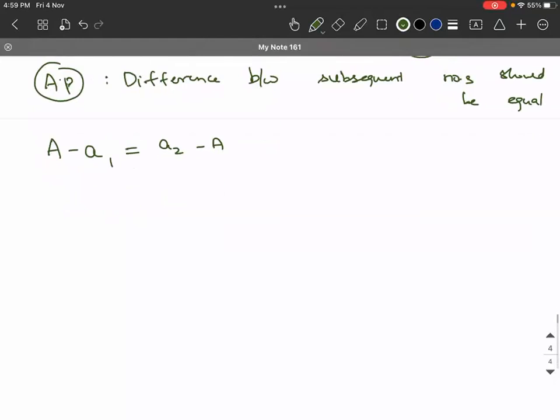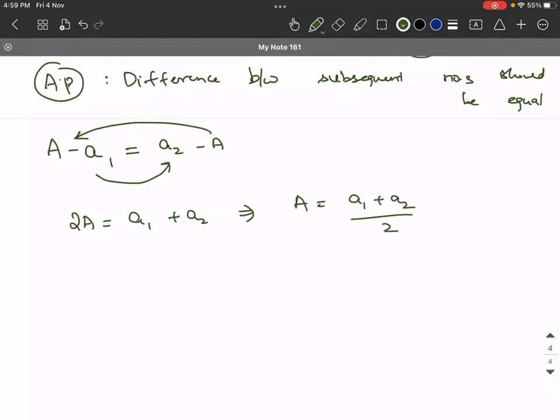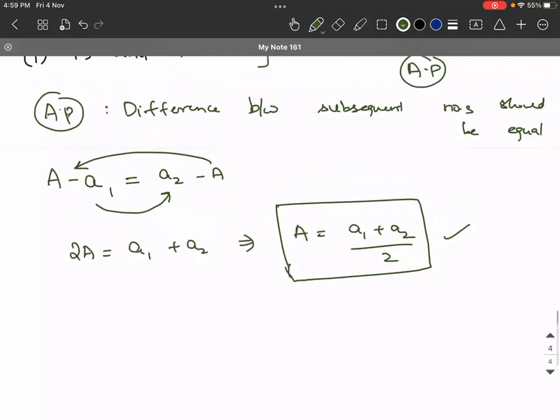Now, if I take this minus A this side and A1 this side, I'll get 2 times capital A is equal to A1 plus A2, which implies capital A will be equal to (A1 plus A2) by 2. Now you understood why that formula comes, why you are adding and dividing by 2. This is the logic.